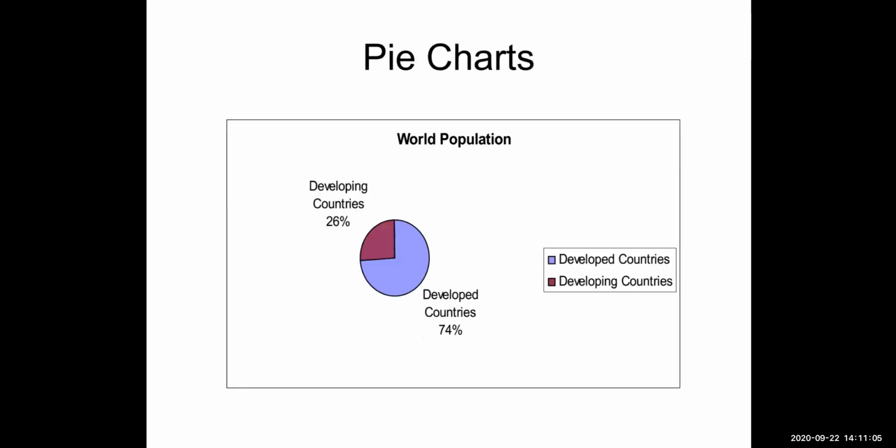We can see the example over here, the world population. The purple is developed countries and the one in pink is developing countries. From this, we can analyze that 26% are developing and 74% are developed. This is just an example to make you understand.